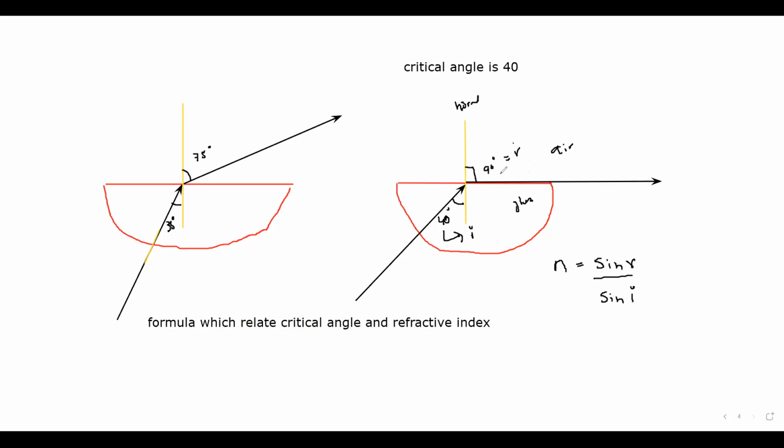What is r? r is 90. So we can say sin 90 divided by sin of the angle of incidence, which is also the critical angle. The critical angle we can denote by small c.